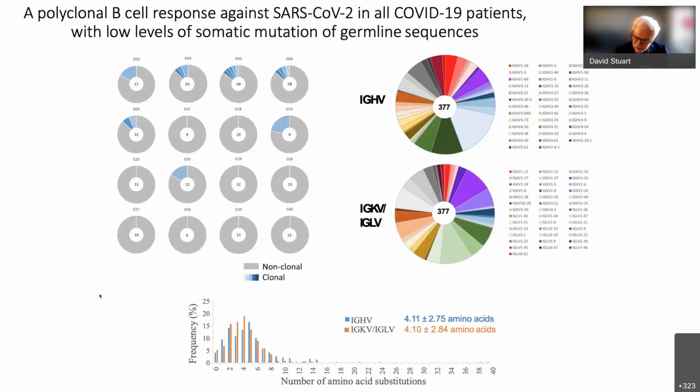So you can see at the bottom there that the heavy chain and the light chain both had approximately on average, four somatic mutations away from the original germline sequence. So this reflects the fact that these antibodies didn't come from a pre-existing repertoire in response to another coronavirus infection. They were generated from germline pretty rapidly here.